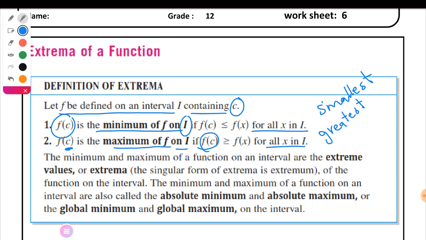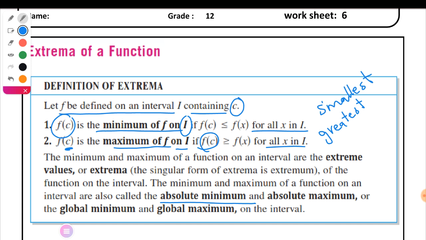The word extrema is the plural of extremum, or extremum is the singular of extrema. Okay, we name the minimum value of the function the absolute minimum, because the function has no value less than this absolute minimum.